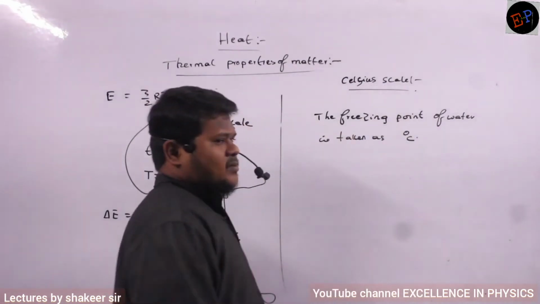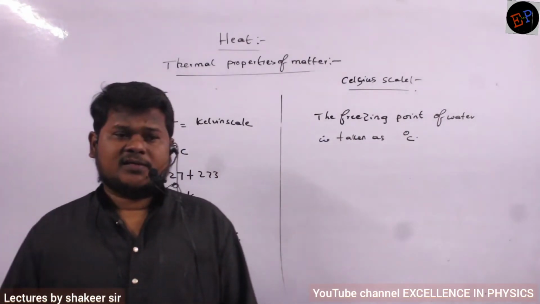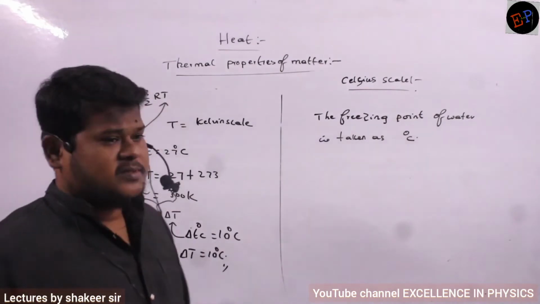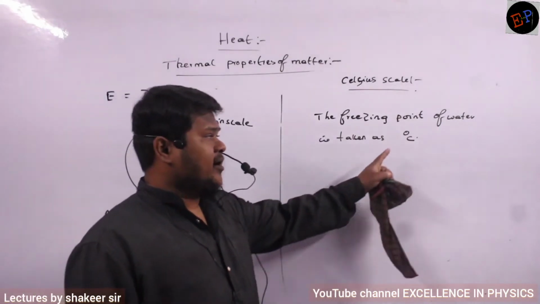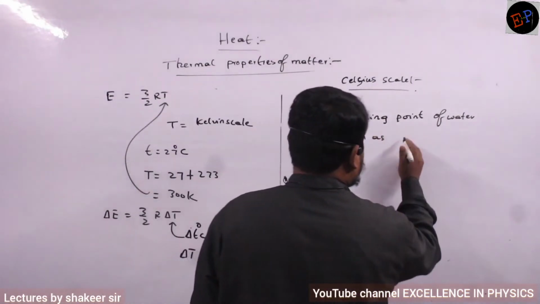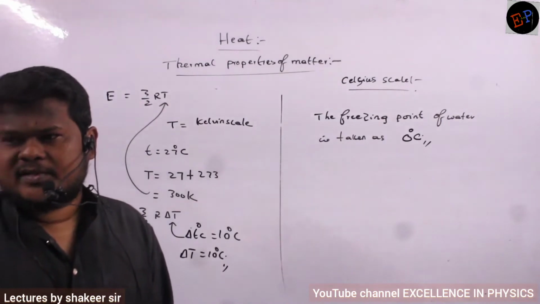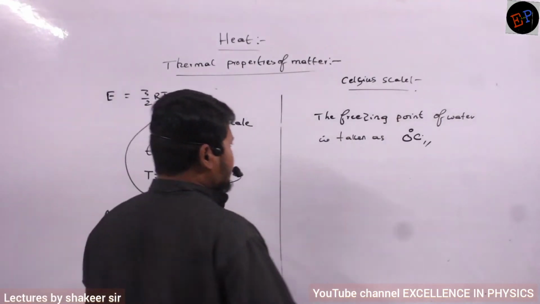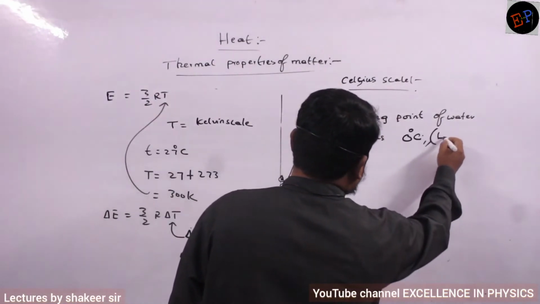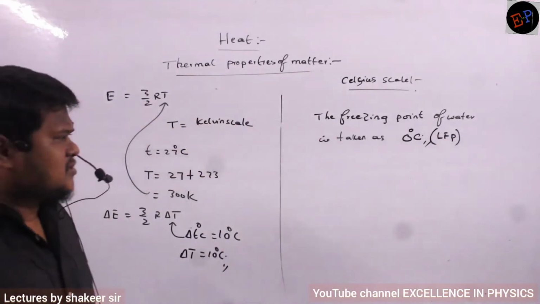Okay. So water freezes at a particular temperature, no? That temperature is taken as the starting point for Celsius scale. It doesn't mean that negative temperatures are not there. Negative temperatures also are present. Okay. So 0 degree Celsius is the starting point for Celsius scale. And which is the higher limit? This you can also call the lower fixed point, LFP. Understood?